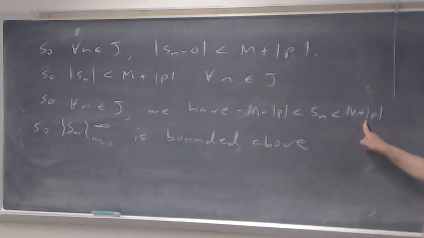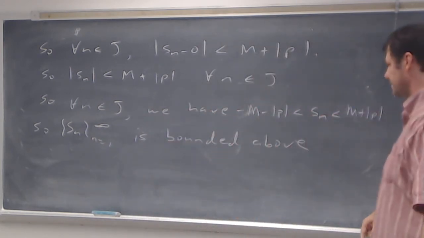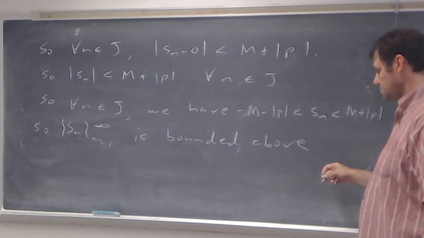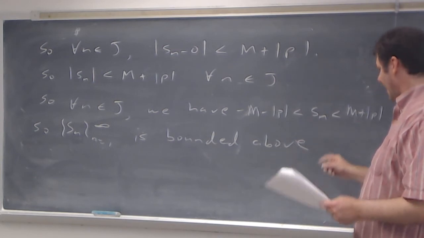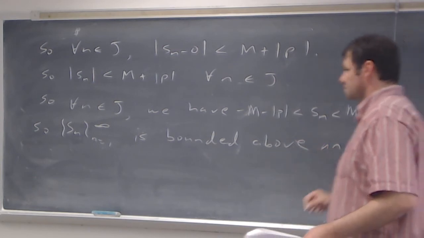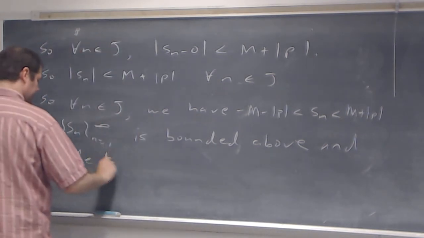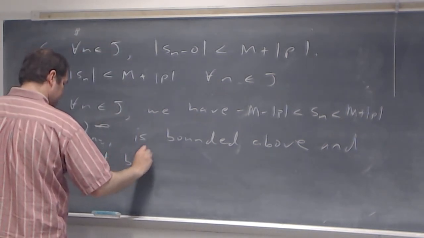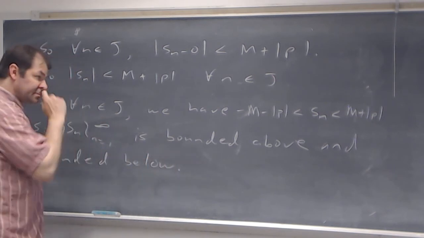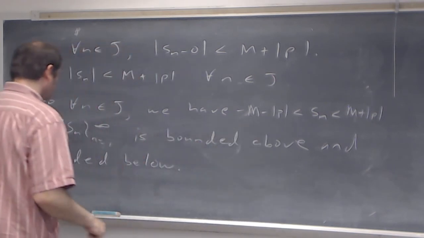All the terms are bounded by M plus the absolute value of P. Okay? And they're bounded below, but I'm not going to worry about that bounded below so much at this point. Okay, they're bounded below like this.